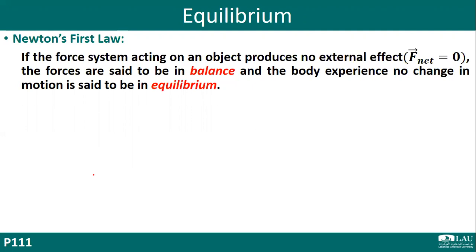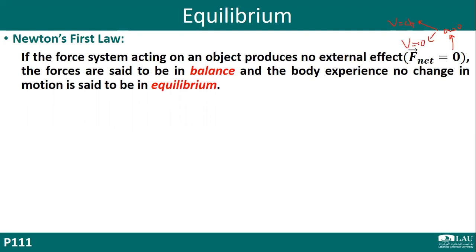Newton's first law states that if the force system acting on the object produces no external effect, so if we add all the forces together, it's zero. What does it mean? It means that the acceleration is zero. And when the acceleration is zero, we have two options: V is constant or V is zero.